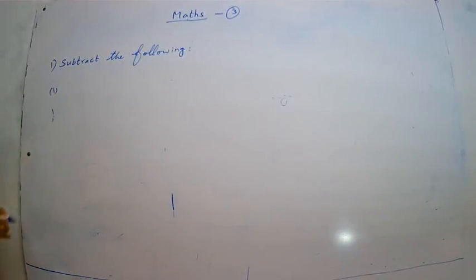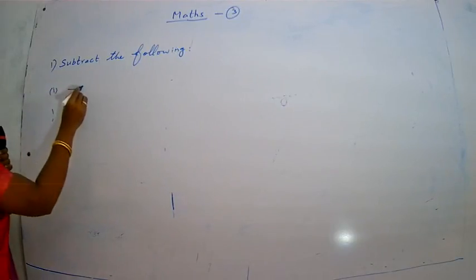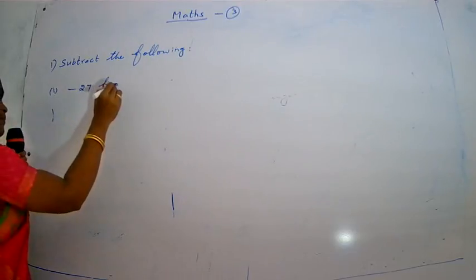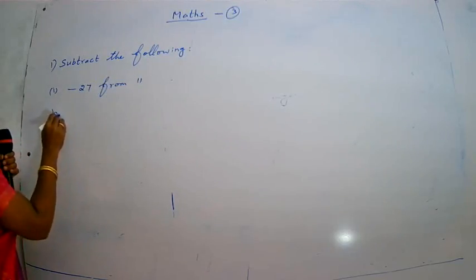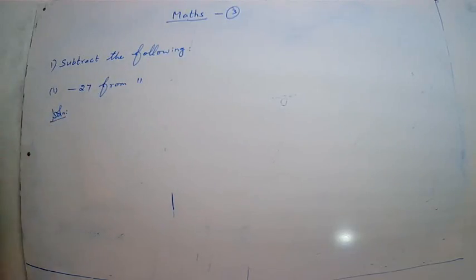The first question is, minus 27 from 11. Okay, children, listen. Subtract the following. Minus 27 from 11. From 11 we have to subtract minus 27. What should we do? Subtract. From 11.